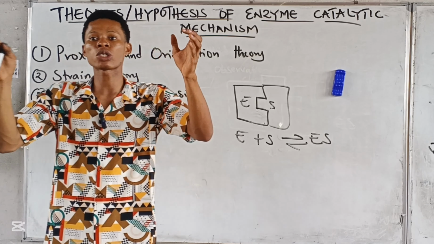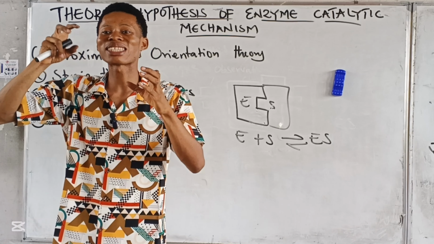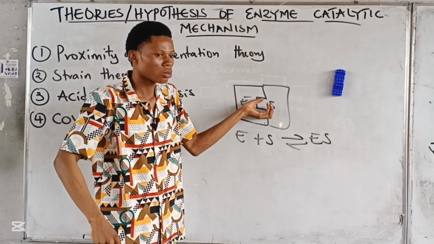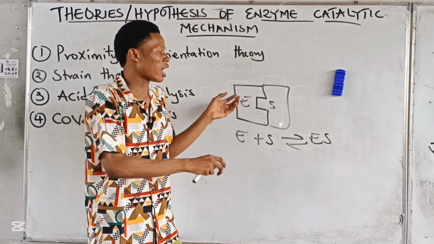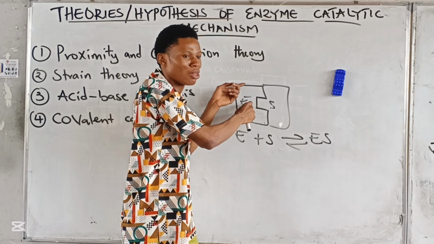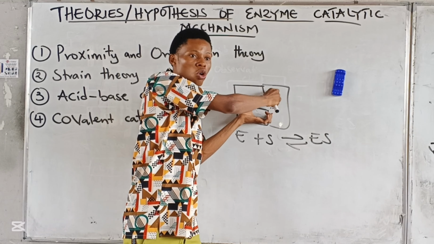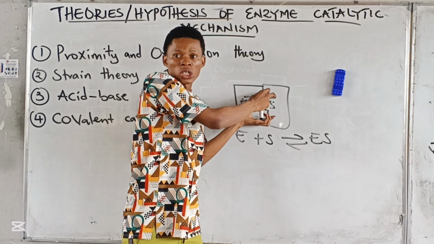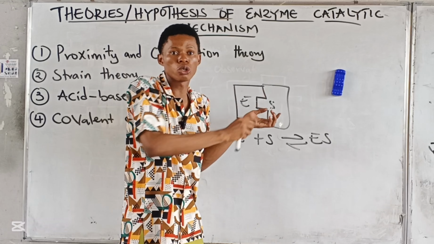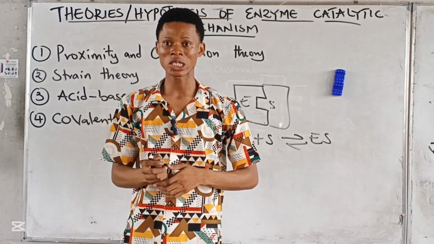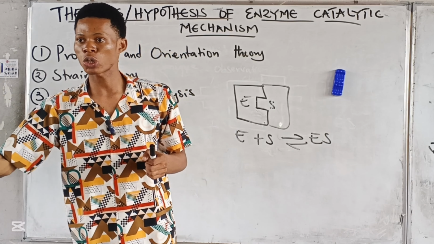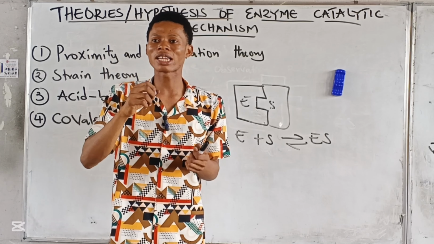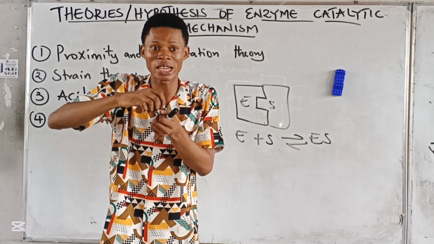As the substrate binds to the enzyme, there is an internal strain, an internal stress caused on this substrate. So as they bind, the enzyme changes conformation, and there will be a stress on this substrate, thereby changing it to product. Take for example, still your cassava grinder. If you put your substrate in the active site, that is the grinding part of the machine, you agree with me that there will be an internal stress there, right?